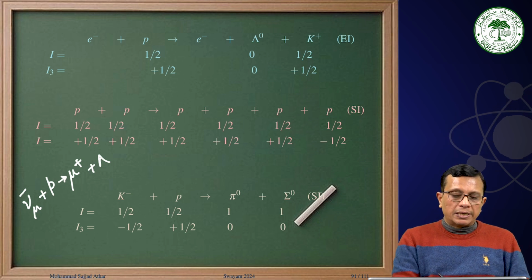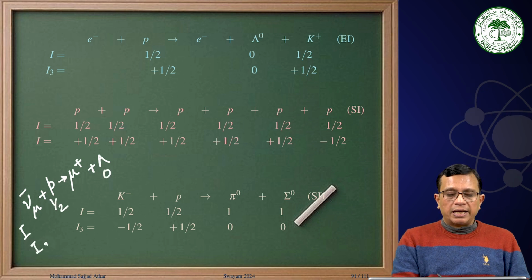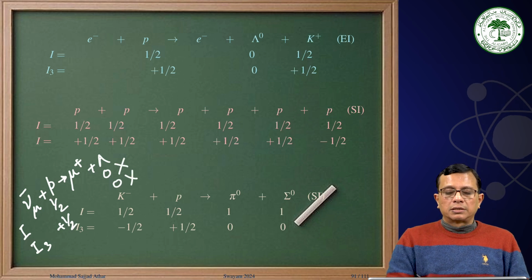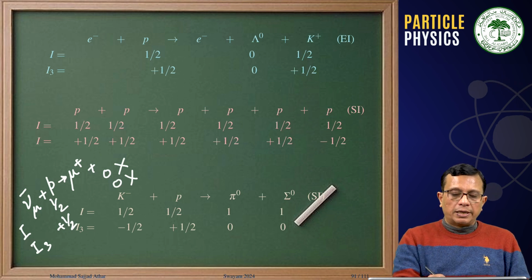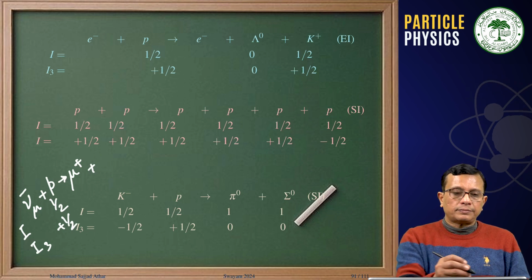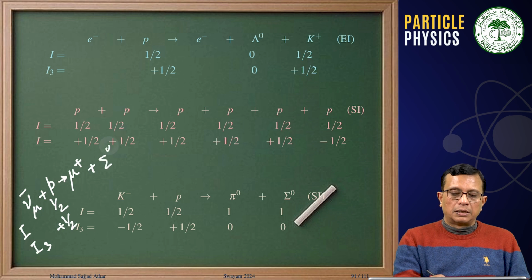For example, if I is half and here it is 0, I3 is plus half and 0, you are saying that neither are you conserving I nor I3. This will be a weak interaction process. Similarly, you can consider, instead of lambda, a sigma 0, where this is 1 and this is 0.